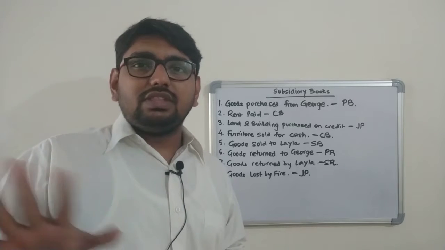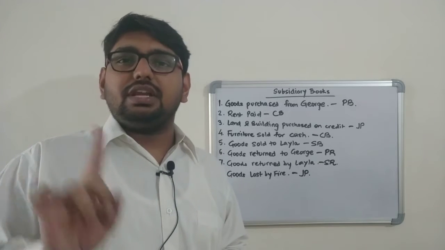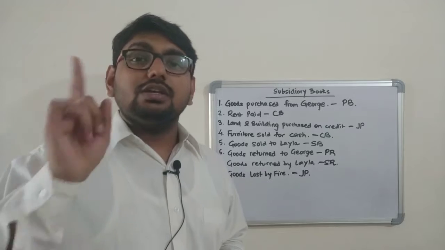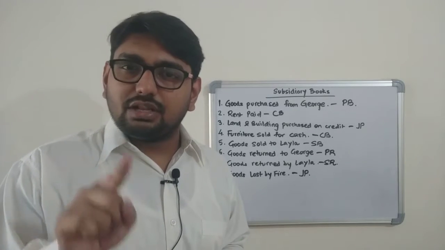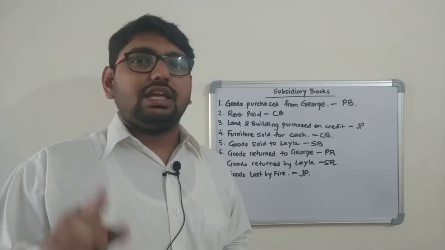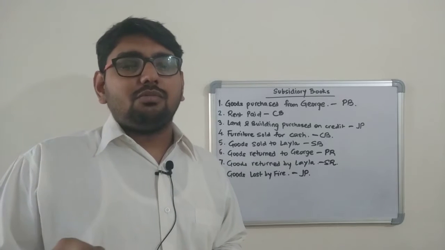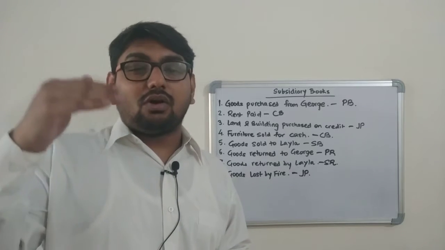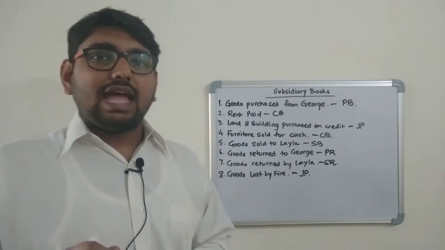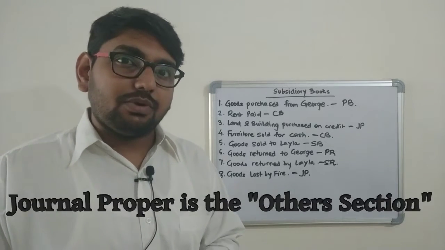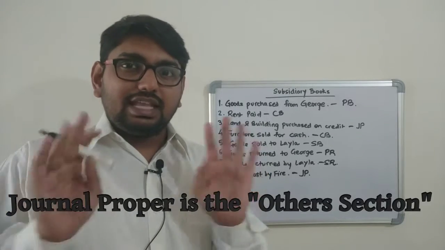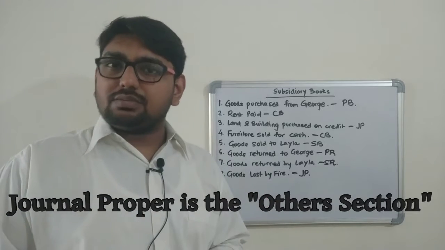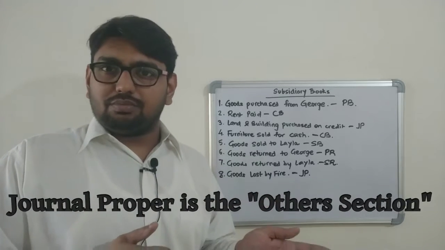If none of these is involved in the transaction, it means it goes to the journal proper. So if you want to reach the journal proper, you have to use the theory of omission. The theory of omission means you have to eliminate all the factors one by one. That's why I always call the journal proper the others book. Anything that does not go into other subsidiary books goes to the journal proper.